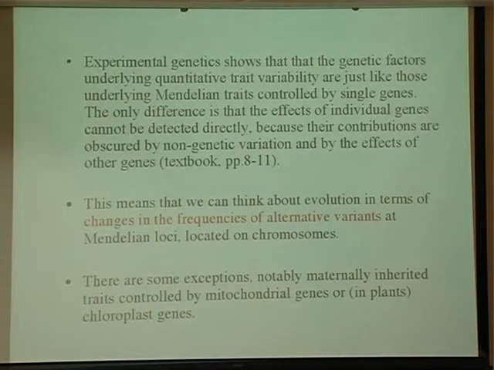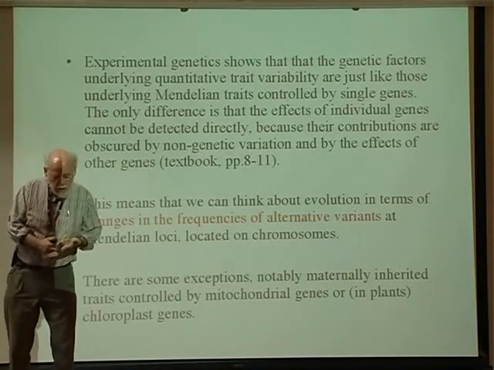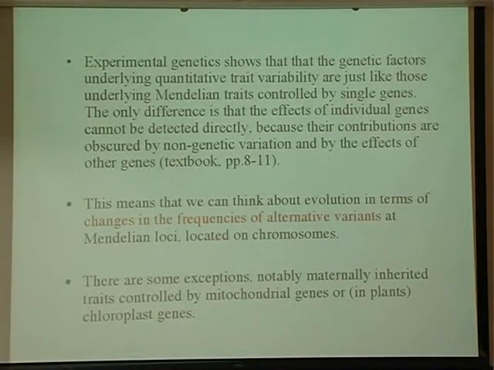But one should bear in mind a very important point in the history of evolutionary biology: knowing that genetic factors underlying quantitative traits really are the same as those of normal Mendelian traits is terribly important. I can't go into the experimental evidence for this due to lack of time, but take my word for it, really the only difference between quantitative traits and a discrete trait like the shell-color polymorphism is that the quantitative traits first of all have non-genetic factors affecting their expression quite importantly, and secondly, the genetic components are not due just to a single genetic locus with two variants at some known place in the chromosome.